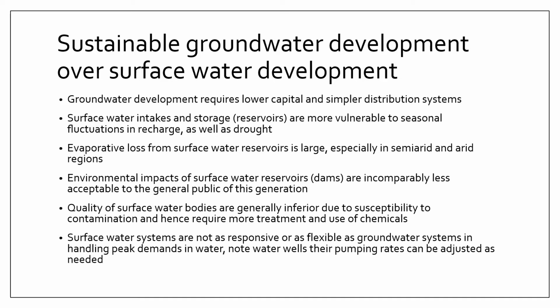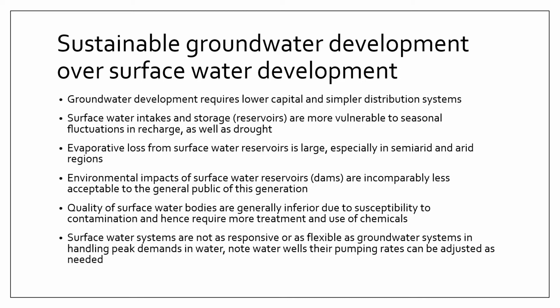Third point, as I've mentioned before, is that the evaporative loss in surface waters is large. As you have seen in the first exercise, potential evaporation, or rather actual evaporation, is determined by the temperature and the amount of water that is lying on a surface that is available for evaporation.